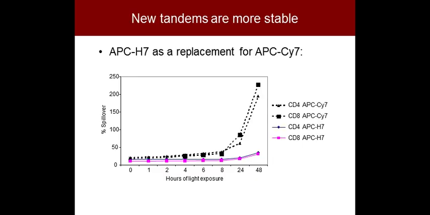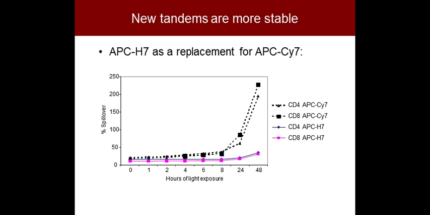All right. Now, I say that's the worst case scenario, and in part that's because manufacturers have largely moved away from APC Cy7 and replaced it with more stable alternatives like APC H7. And this is an experiment showing you the spillover of APC H7 reagents in the colored lines versus APC Cy7s in the dotted black lines.